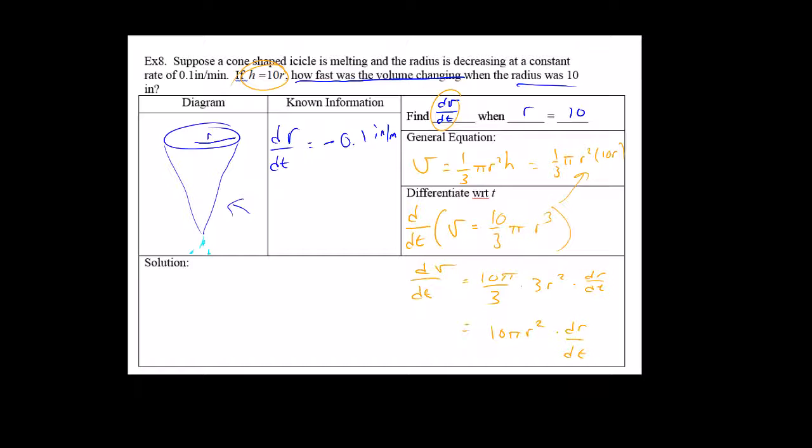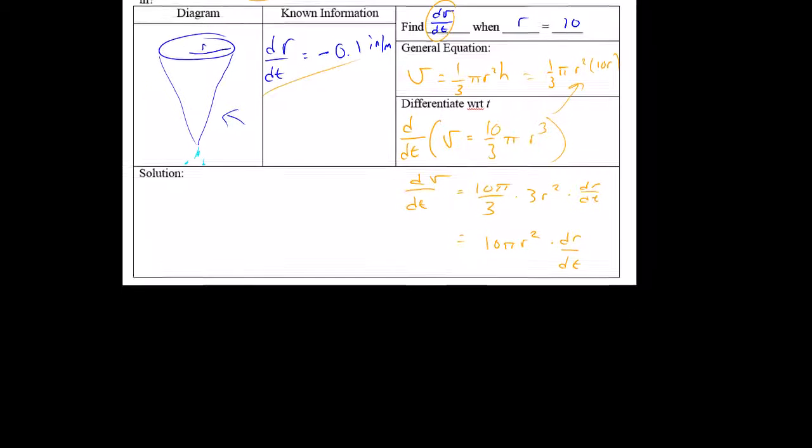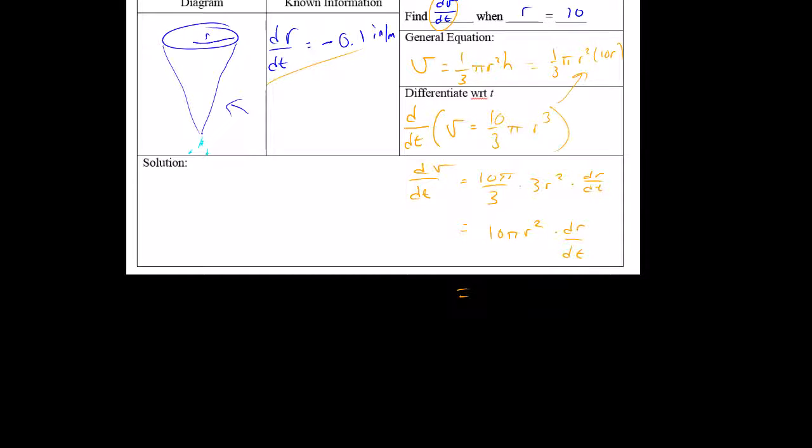What do we know? We know our dr/dt is negative 0.1 inches per minute. So negative 10 pi, and what else do we know? We know our radius is 10. So 10 squared times negative 0.1.